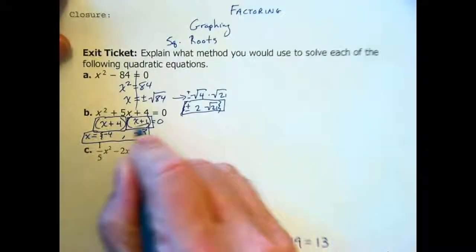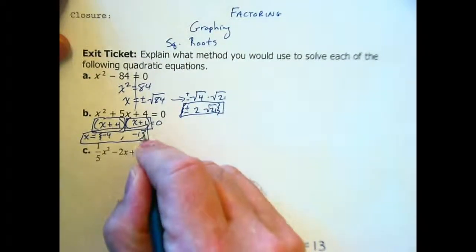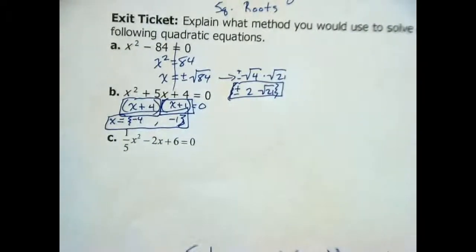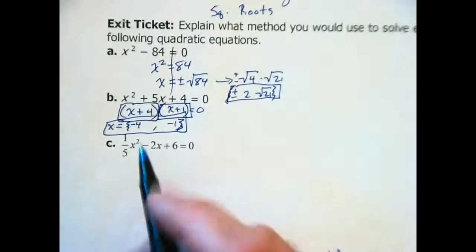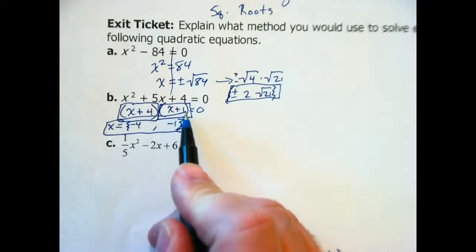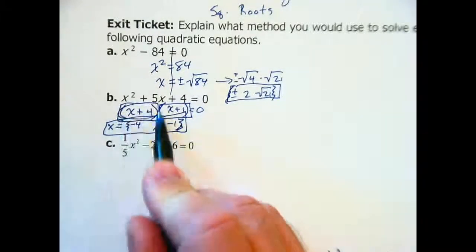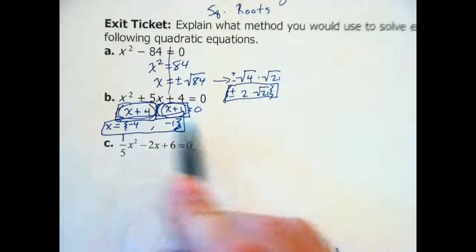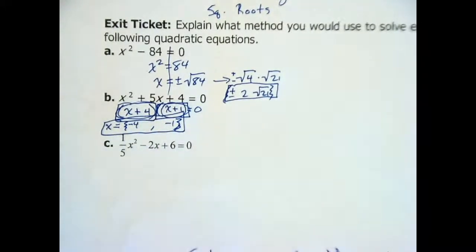Okay? That was cat-like speed, I know. Okay? So once we have it down to this part where x plus 4 times x plus 1 equals 0, that means this or this has to be 0. That's the only way to get 0 when we're multiplying, is for one of those two things to be 0.